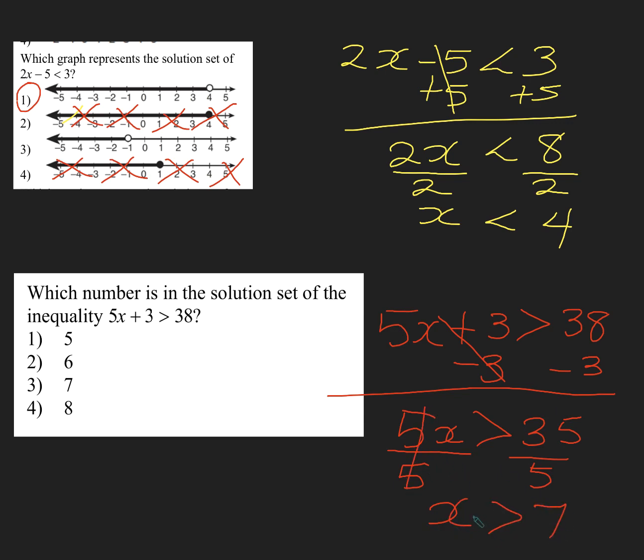So I am looking for a value that is greater than 7. I have 5, 6, 7, and 8. Who is greater than 7? So my answer is 8. Because remember, with an inequality, you have many solutions. Your solution should be greater than 7, not 7.